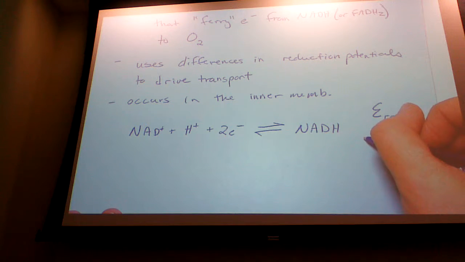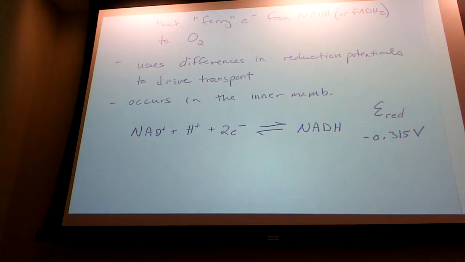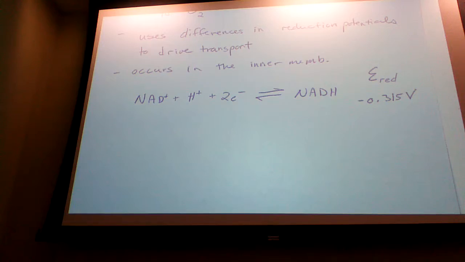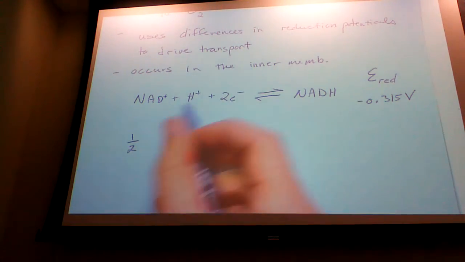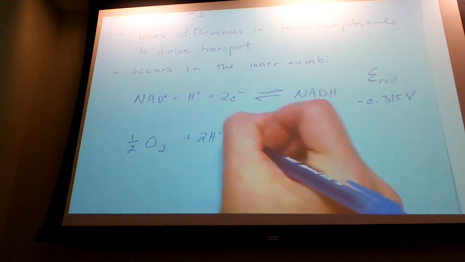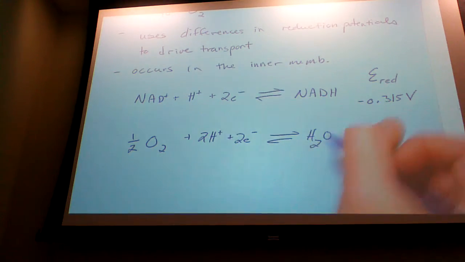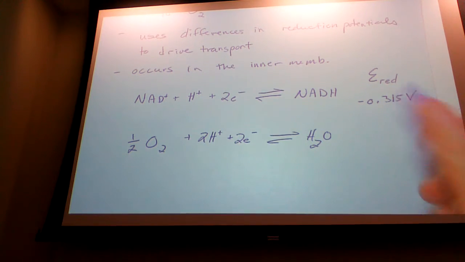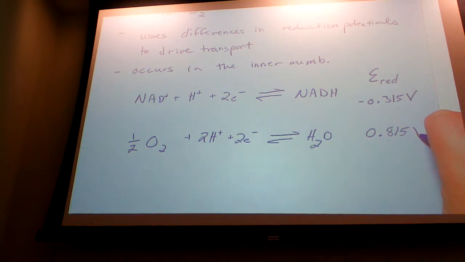For NADH it is a negative 0.315 volts. And then if we look at the reaction for oxygen being reduced to water, that reduction potential is a positive 0.815 volts.